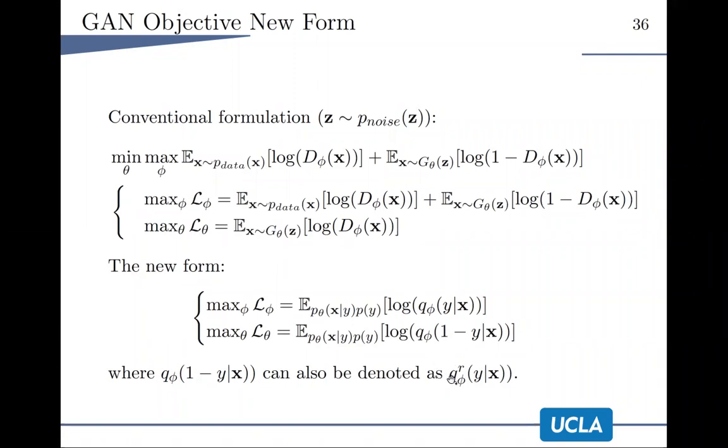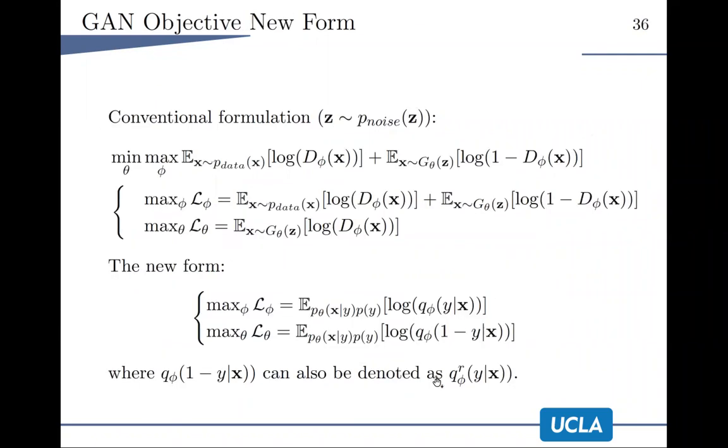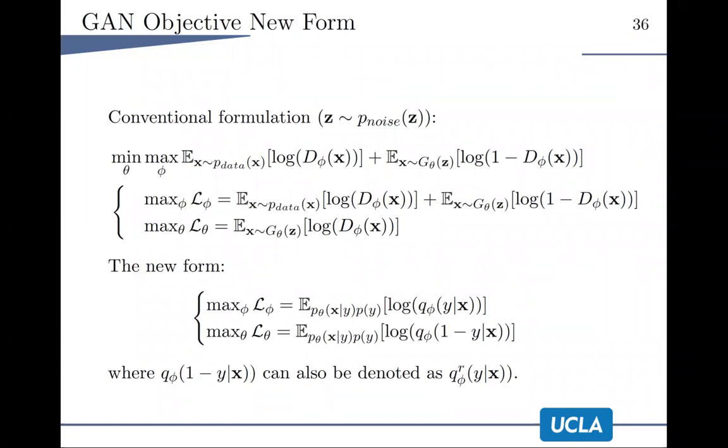This is why there needs to be a reverse choice. For the original optimization problem, X is purely generated by the generator. But for the new form, we still have Y, and we didn't exclude the situation where Y equals 1.